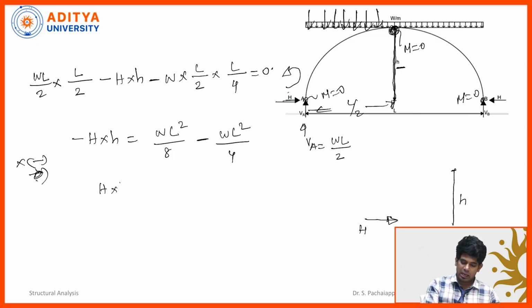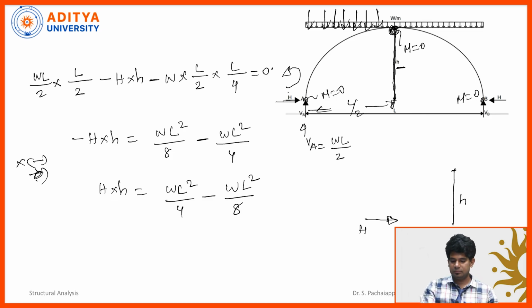So it will become capital H into small h is equal to WL square by 4 minus WL square by 8. I am just multiplying the values, so the negative term will become positive and the positive term will become negative.